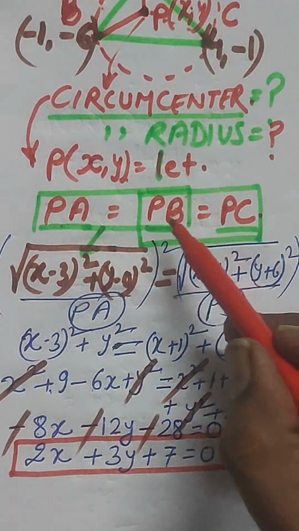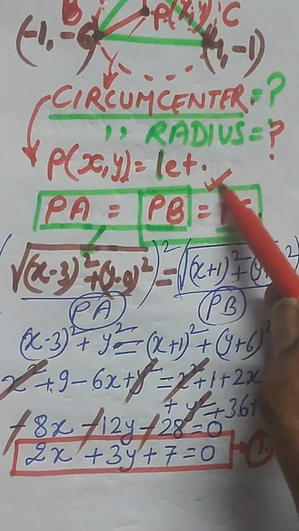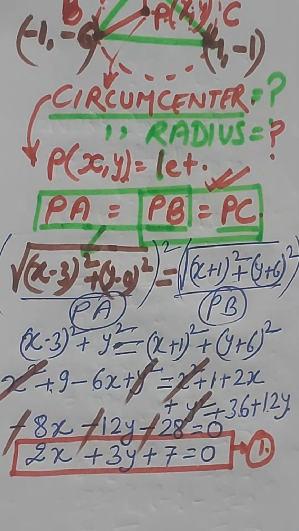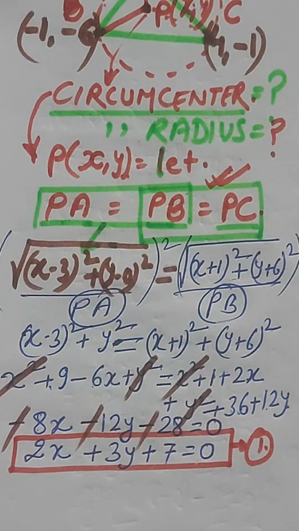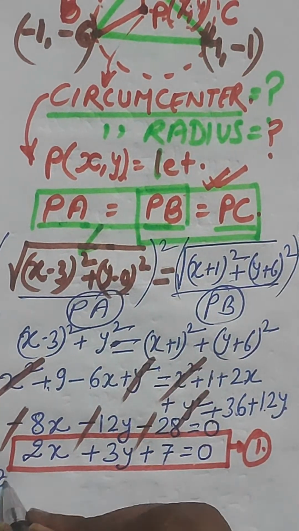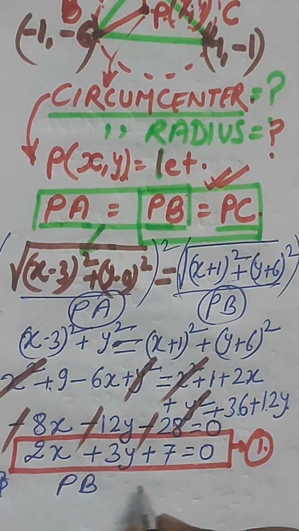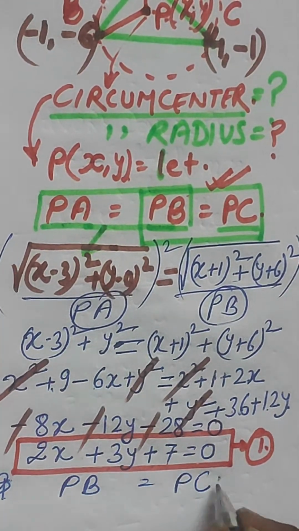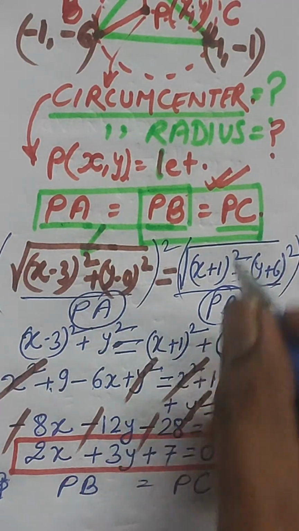Similarly, we will be using PB equal to PC. When PB equal to PC is used, we will have, PB is what?